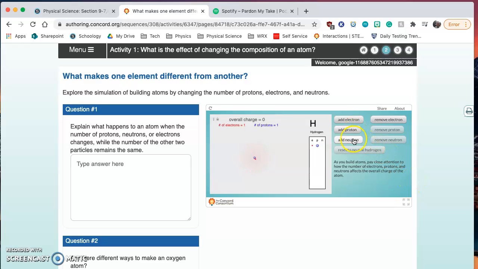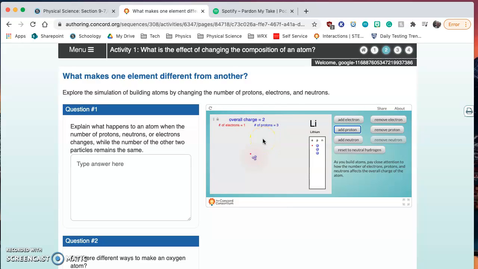Okay, so we've been talking about electrons, protons, and neutrons. The first thing I want to touch on is as we add protons, there are a couple of bits of information here. It shows us the overall charge, the number of electrons, and the number of protons. And then in the top right corner, it shows me what element is illustrated on the screen.